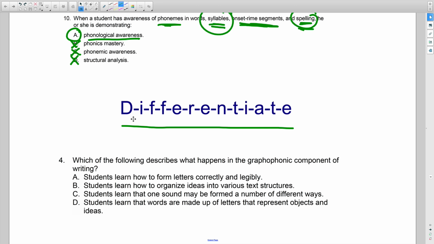What the teacher has done here is broken this word up: di, i, f, er, en, t, i, ate. Differentiate. So this would be phonemic awareness, because it's breaking up the individual sounds in this particular word.